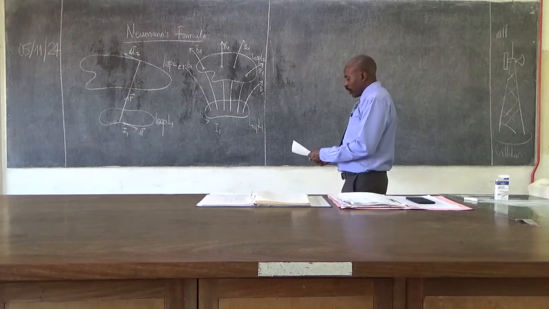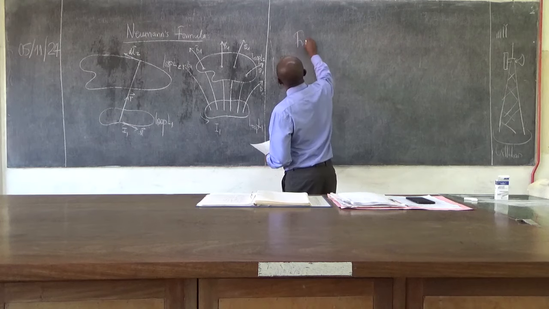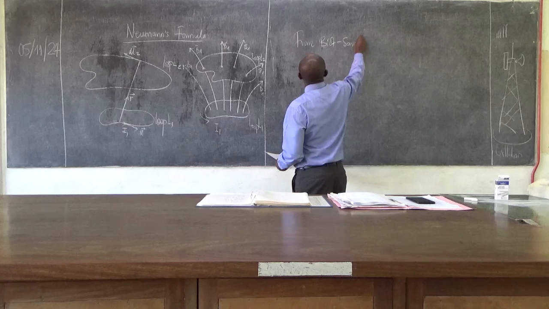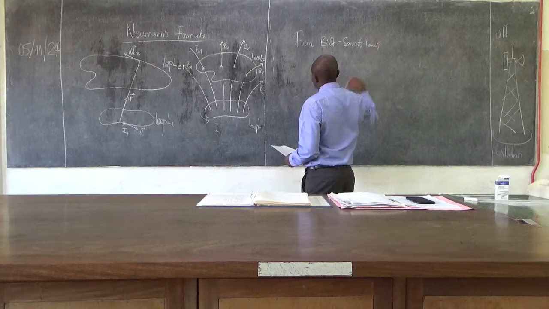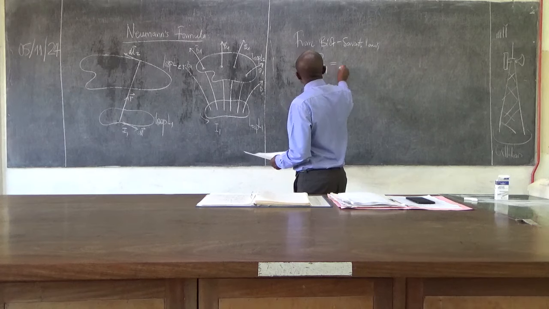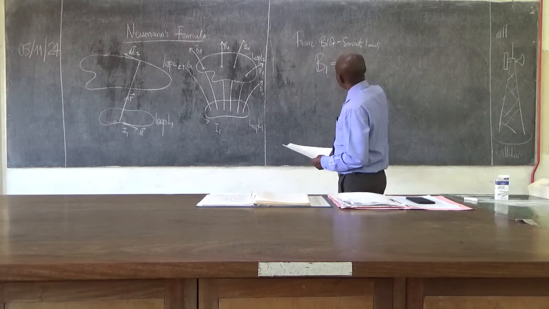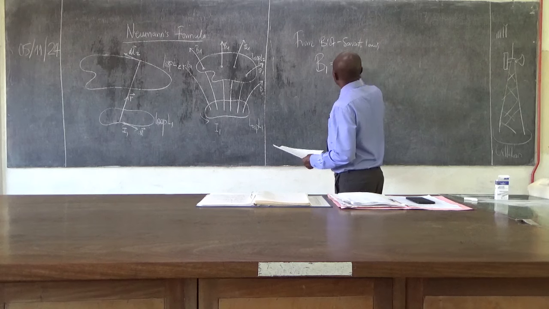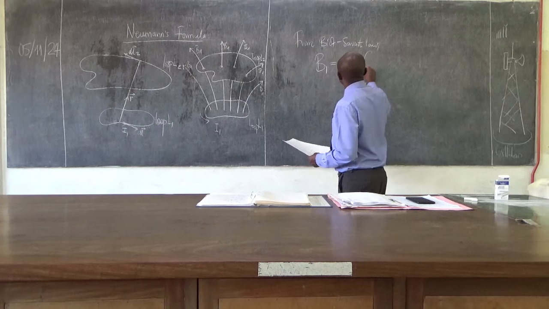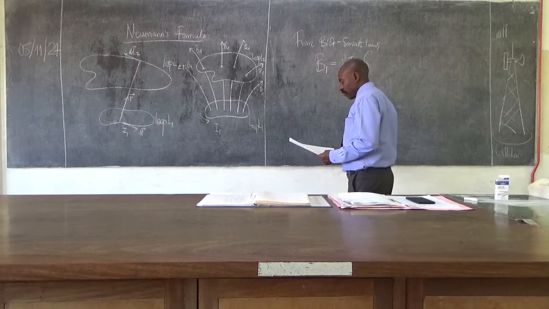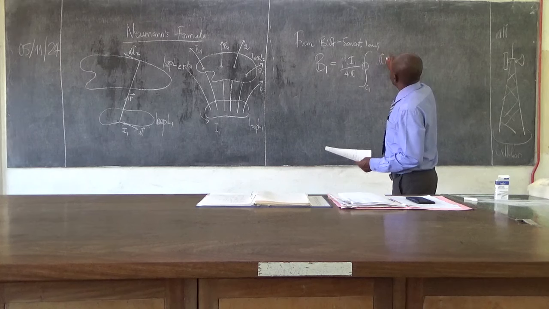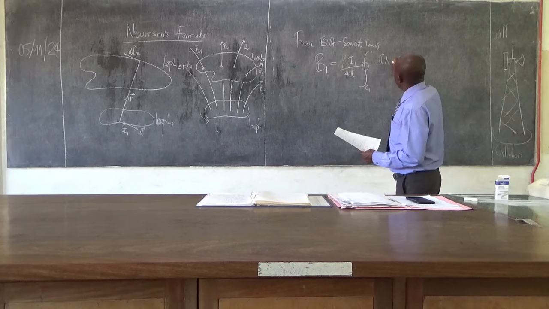So from the Biot-Savart law, we can get B1, and this B1 will be the same as mu naught I1 over 4 pi, and then we integrate over the curve C1 for coil 1, and then we have dl cross r.